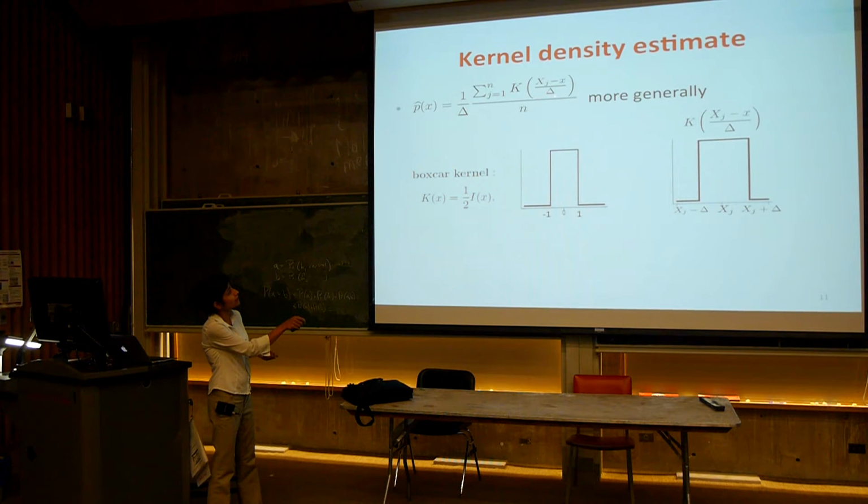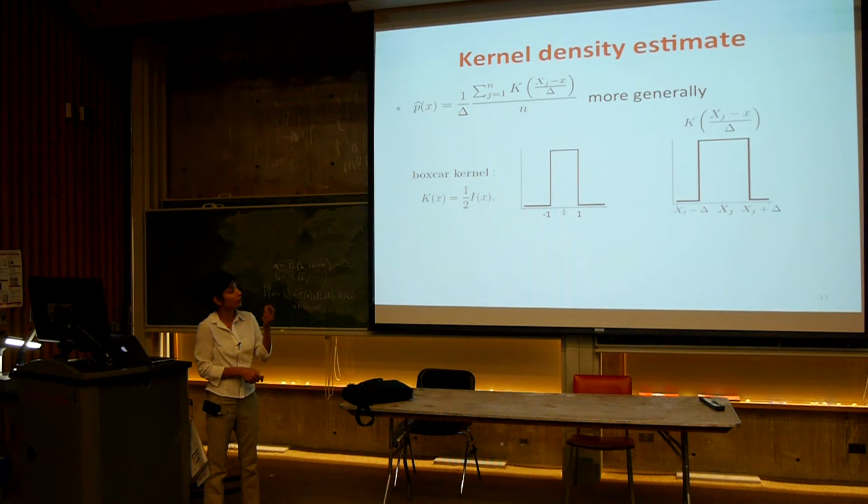And we use this delta as bin width. We still want to keep that notion intact. So for example, we can define the boxcar kernel to be just this. It's indicator between -1 and 1, it's +1 and 0 elsewhere. So this is k of x.